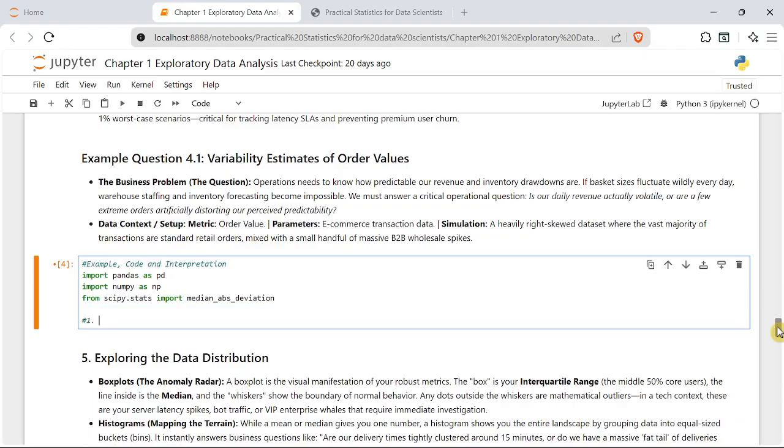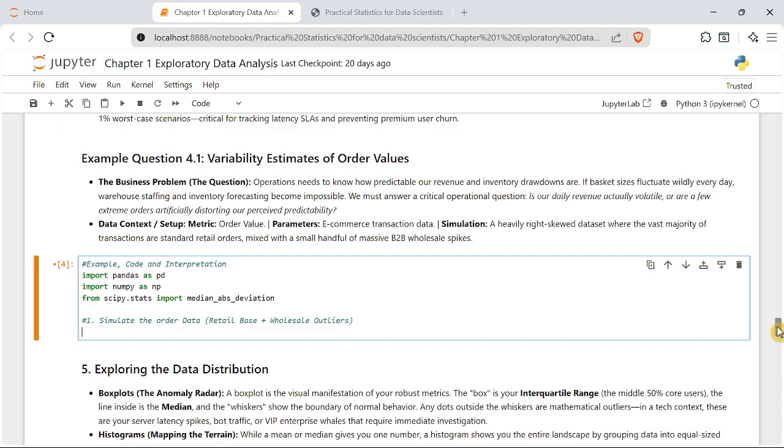So first, simulate the order data. Retail base plus wholesale outliers. np.random.seed(42).